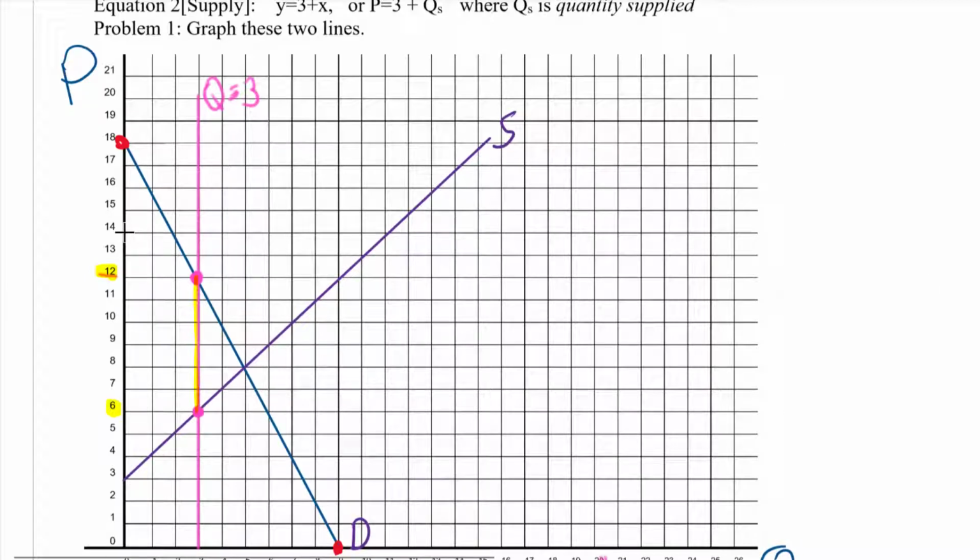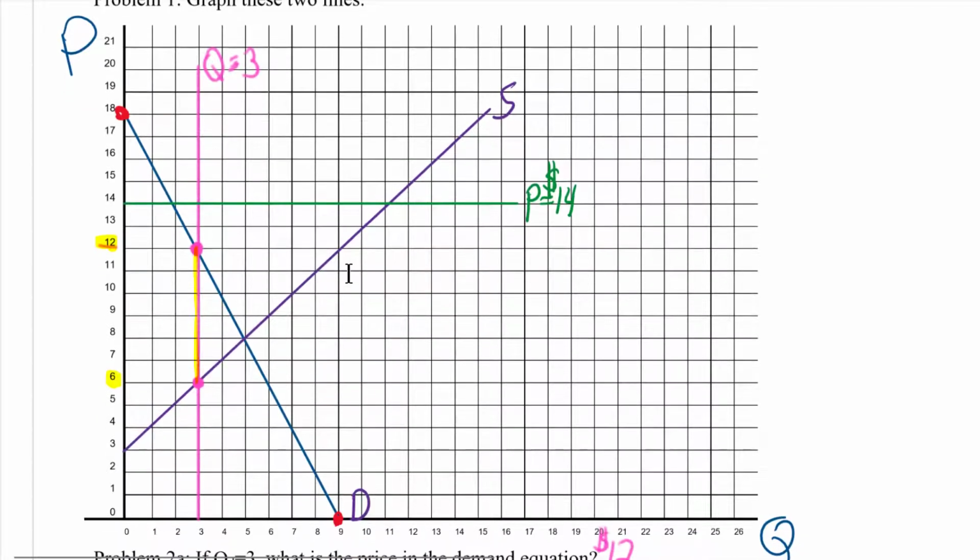So at a price of 14, let's just draw a horizontal green line here and label it. So suppose the price, for whatever reason today, was $14. Let's look and see what the demanders would be thinking. Well, the demanders, if they see that price of 14, they're only going to want to buy 2 units down here, right?